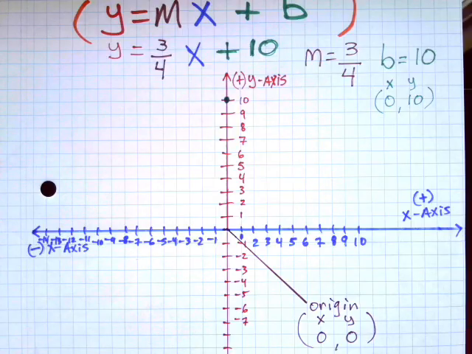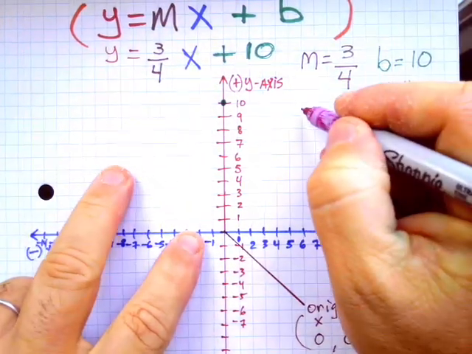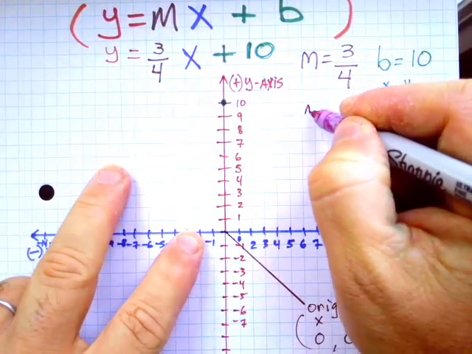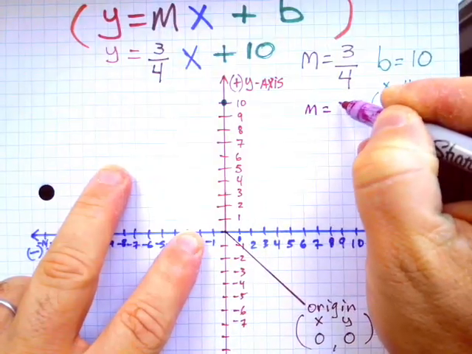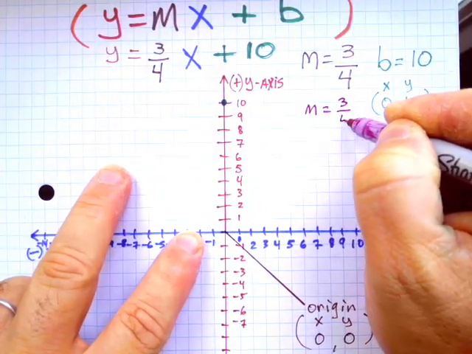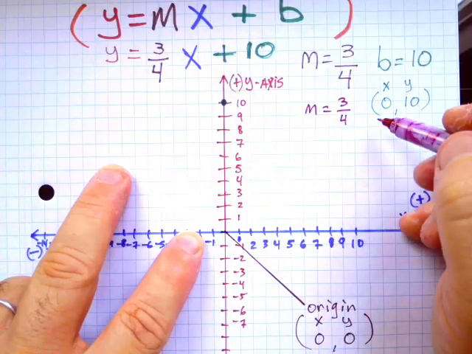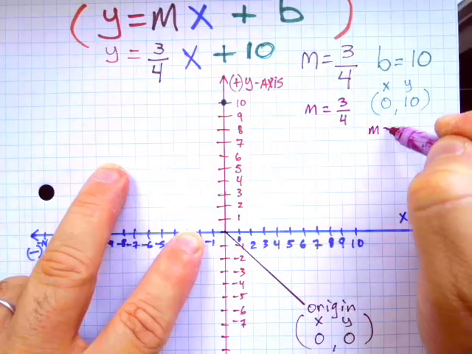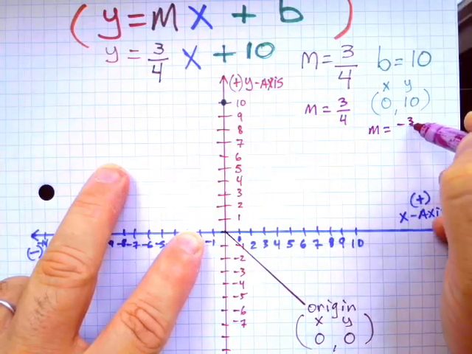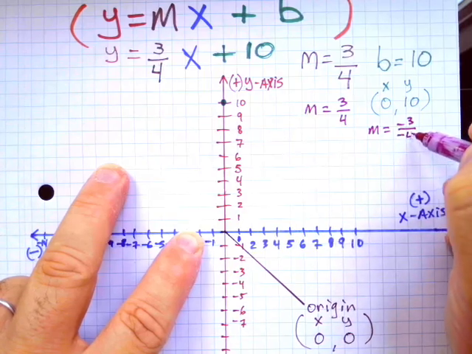Now, like I mentioned, I would like to show this to you. Your slope value, where m equals 3 over 4, is also equivalent to m equals a negative 3 over a negative 4.